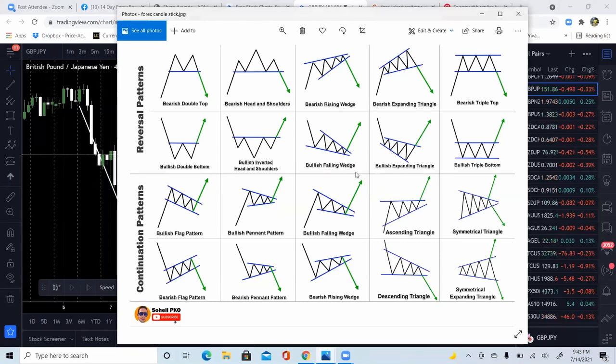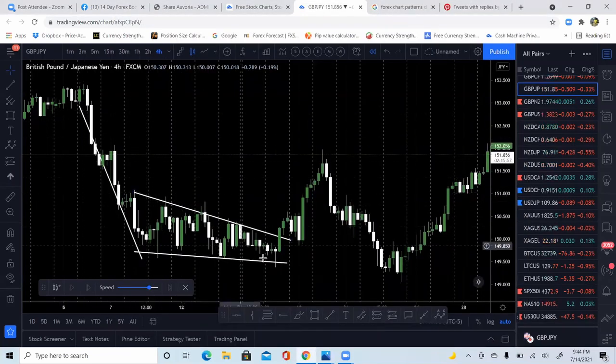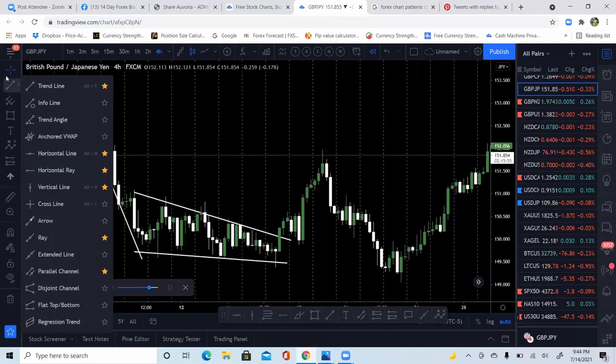So when you have a falling wedge, this is all bearish. Where's my bullish ones? So you have a bullish falling wedge. It's this one right here. You have your downward momentum, then it squeezes, then it reverses. Look, that's what this is. It goes back up.